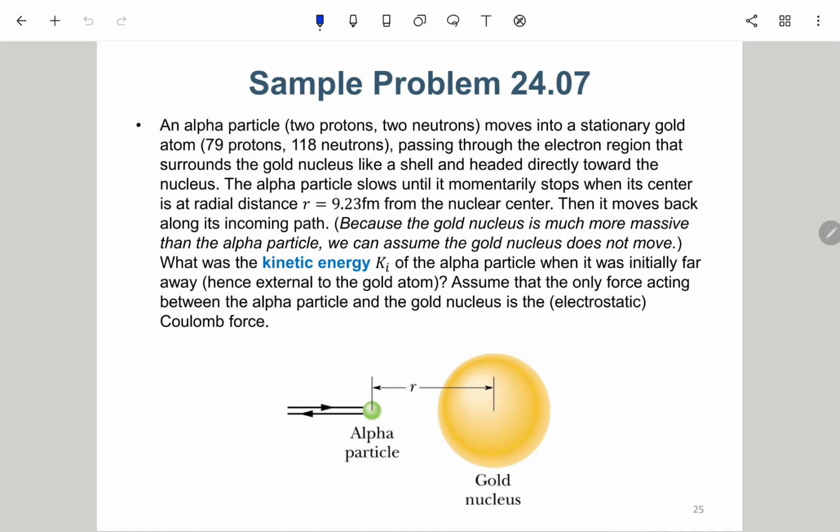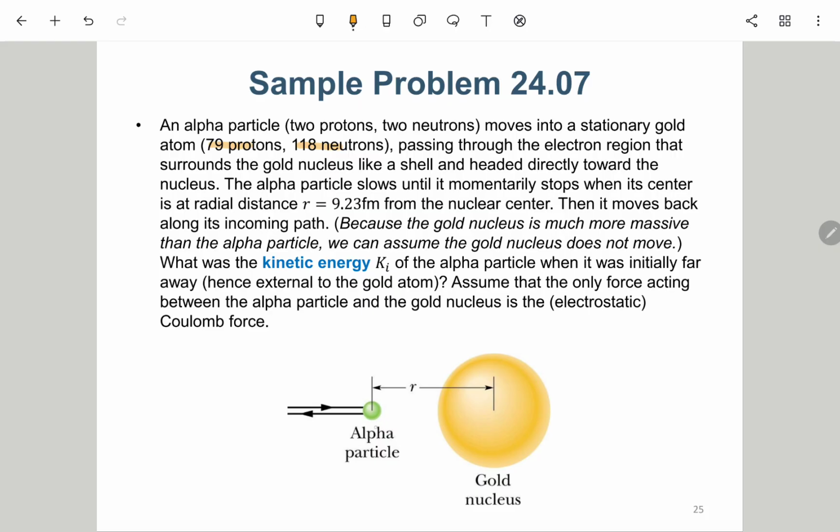Okay, so here we have another sample problem. So here it says an alpha particle, 2 protons, 2 neutrons, moves into a stationary gold atom, okay, with 79 protons and 118 neutrons, passing through the electron region that surrounds the gold nucleus, like the shell, and heads directly towards the nucleus.